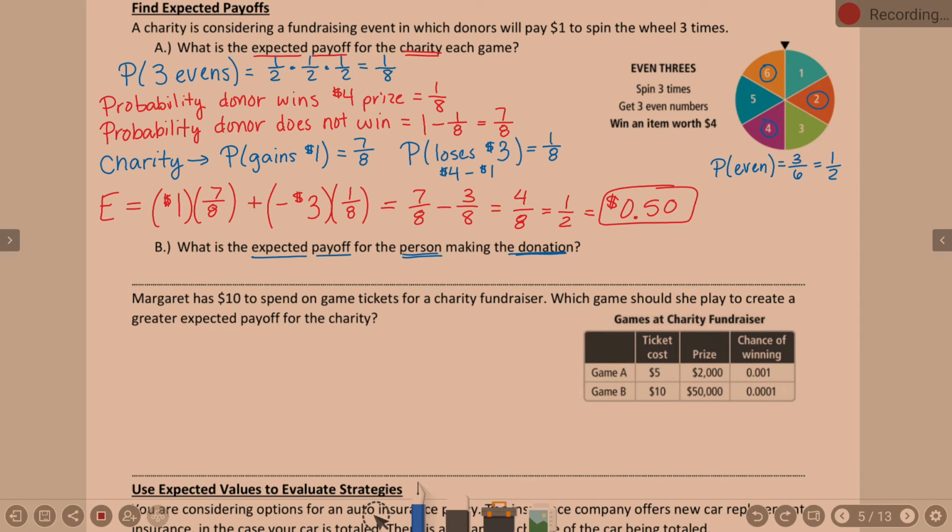Think logically here. At least in my brain, it works this way. If the charity's making 50 cents for every person on average, what are we doing? We're just losing, on average, 50 cents.